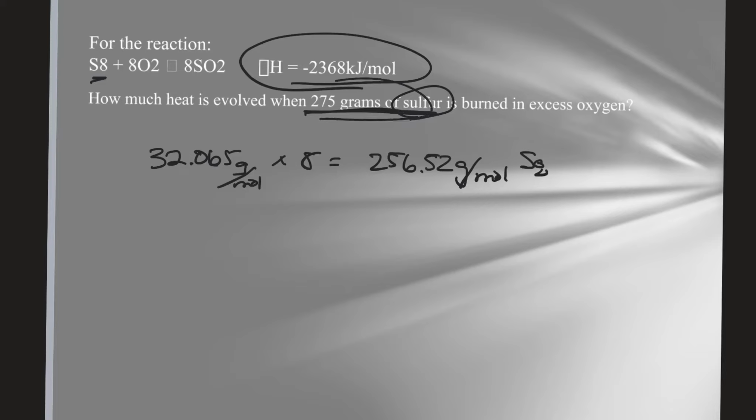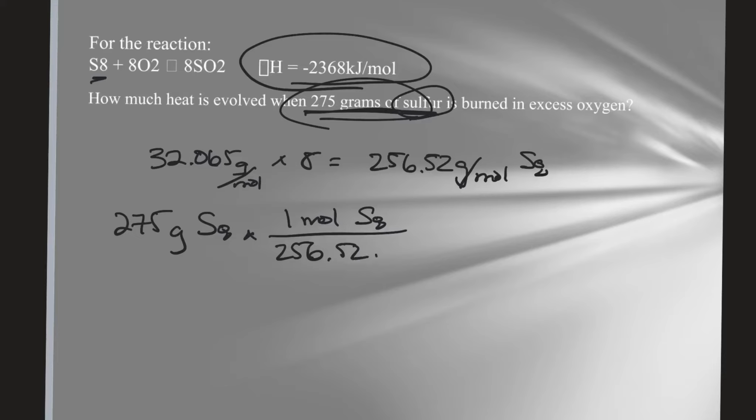So let's convert grams to moles. 275 grams of sulfur: for every 1 mole of S8, there are 256.52 grams of S8.